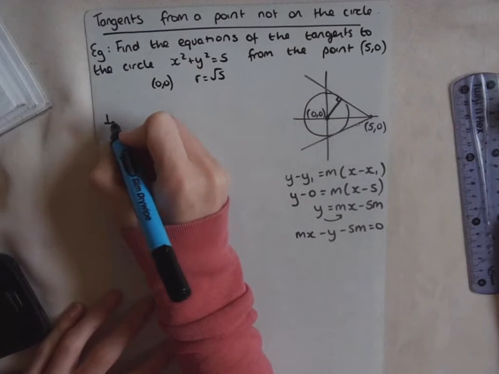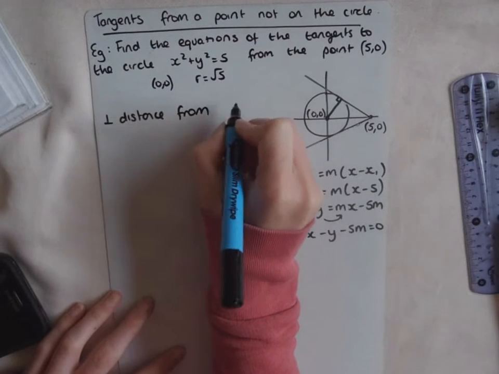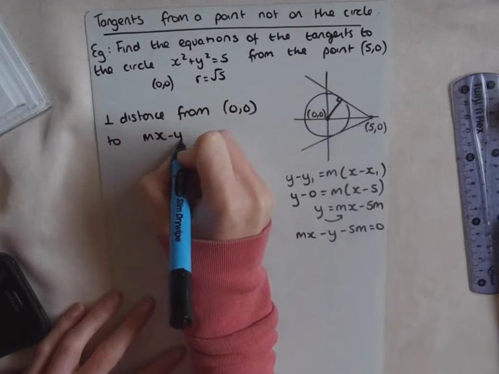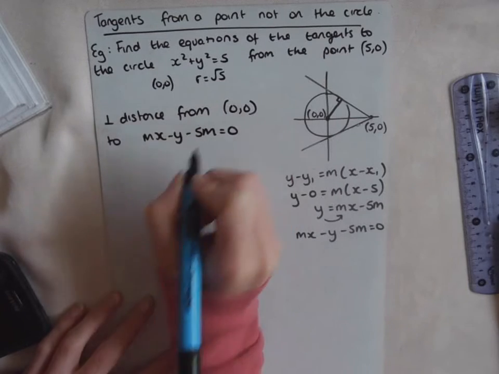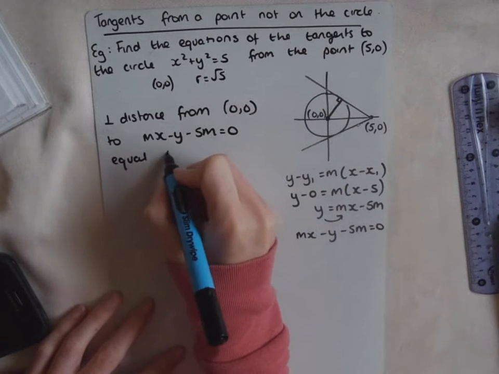So the perpendicular distance from (0, 0) to this equation is equal to the radius.